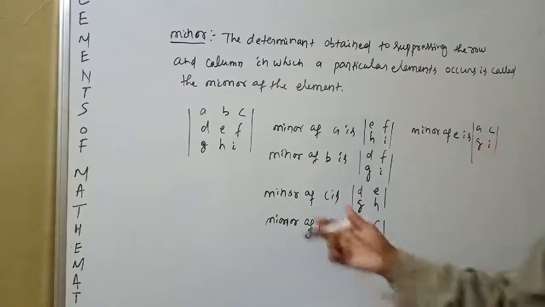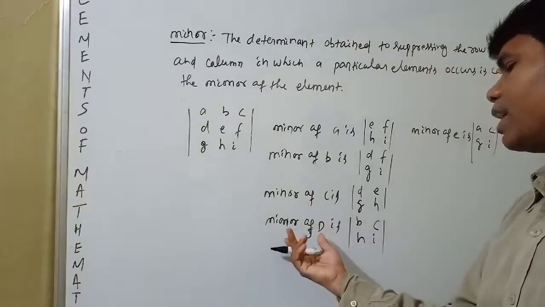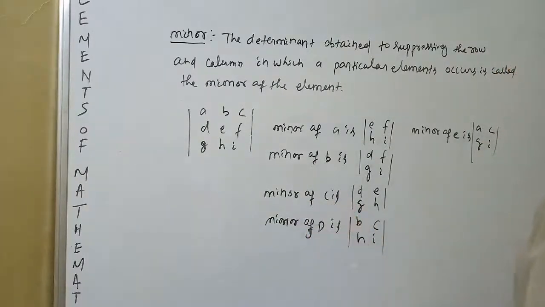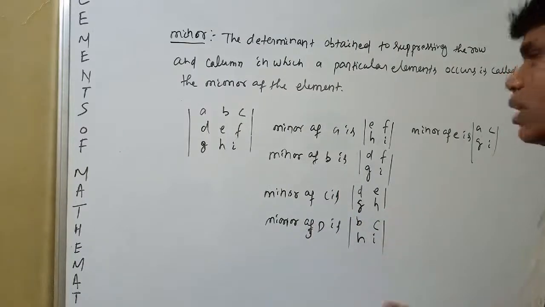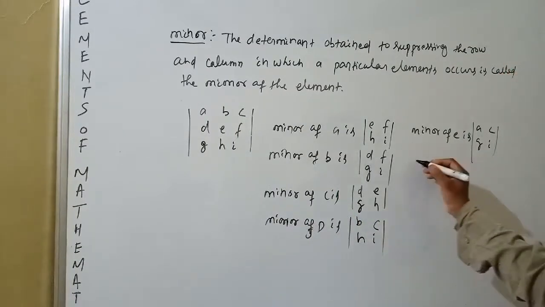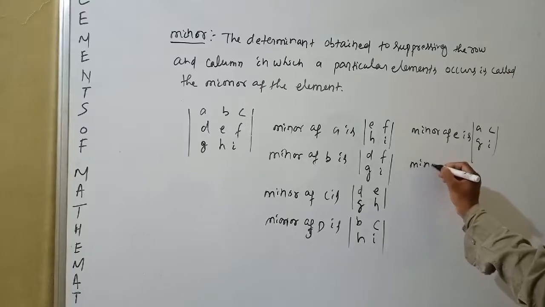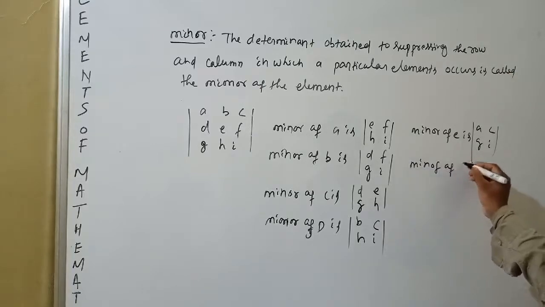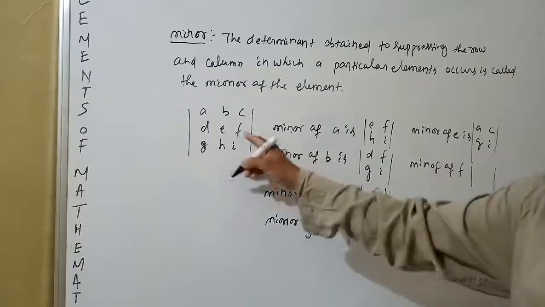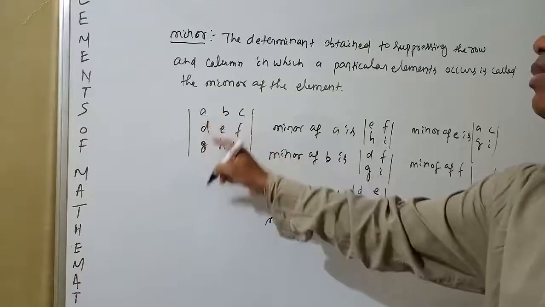Similarly, there are 9 elements, so we can get 9 minors. Now look at the other minors. Minor of F is ABGH.